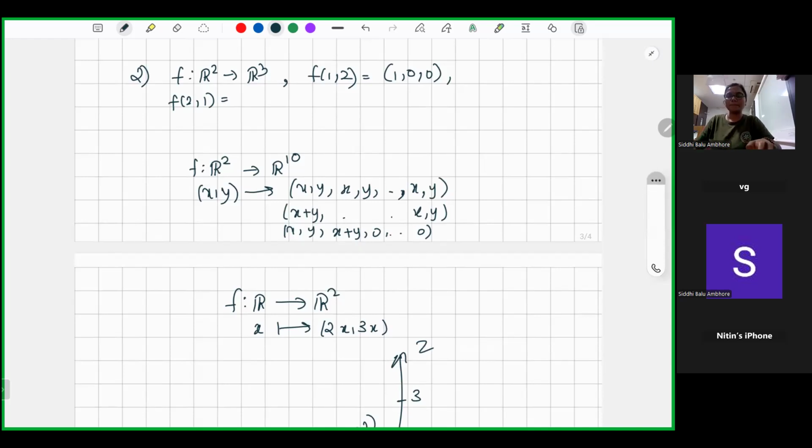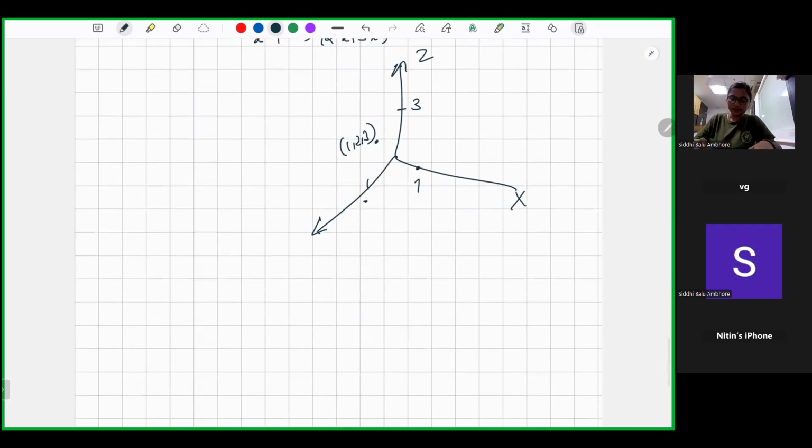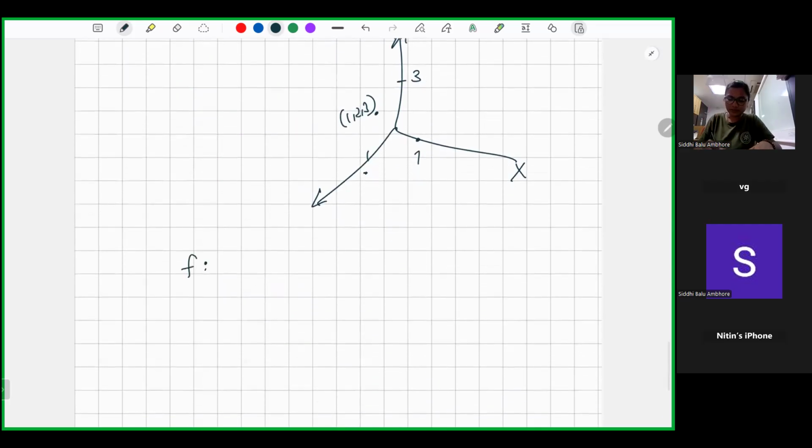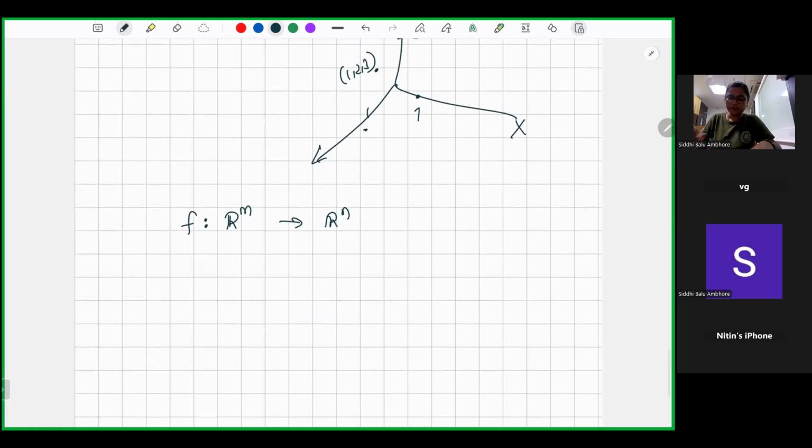Okay. But I mean, there is also one way. So for example, if I want to define a function from Rm to Rn, then each coordinate is some function.